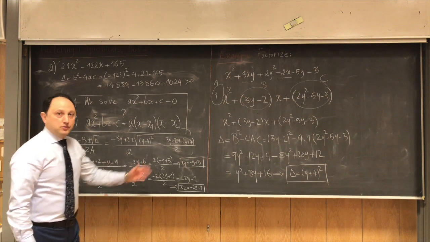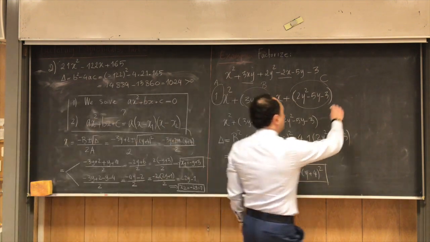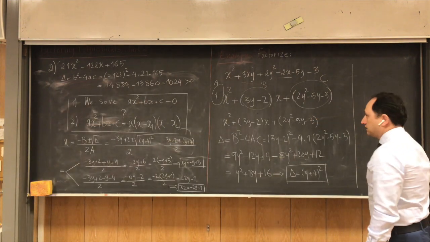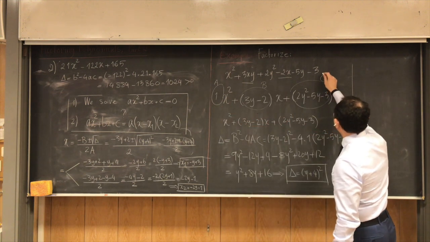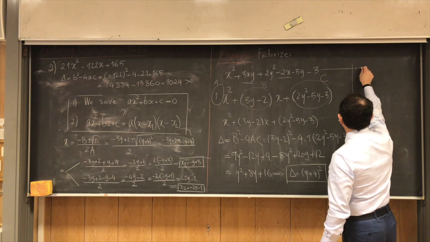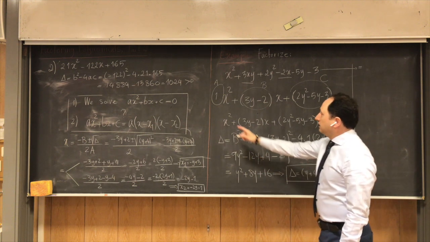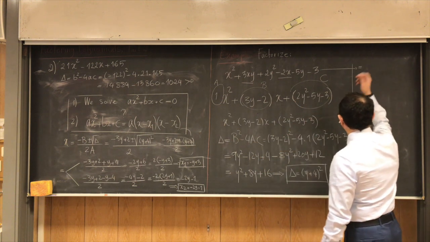So, and then if you don't mind, let me write that last piece here. Okay. So the expression that I want, let me write it here. This expression is equal to a, which is 1, so I don't write it.